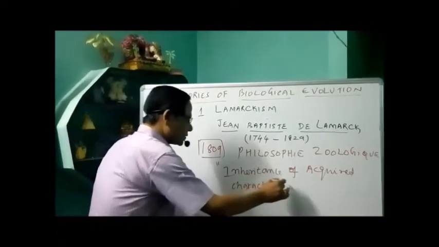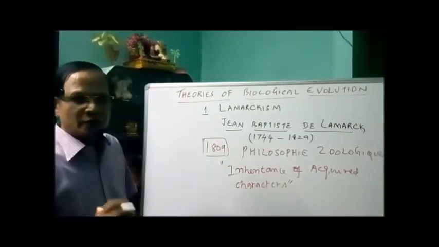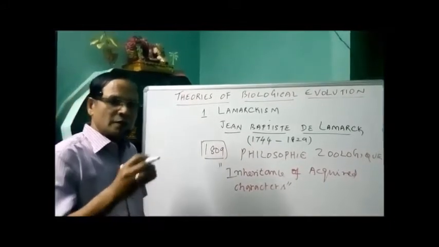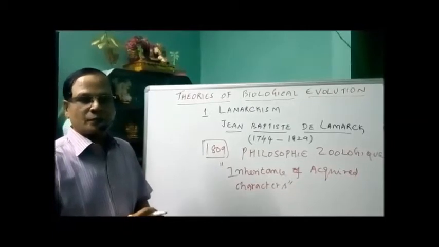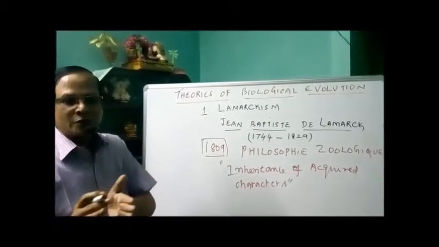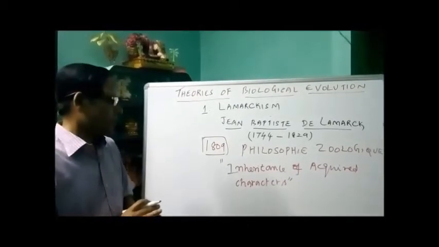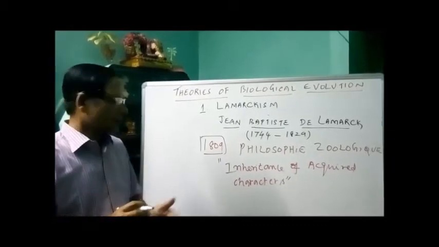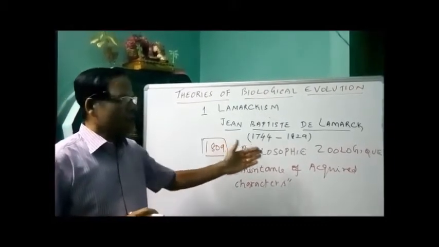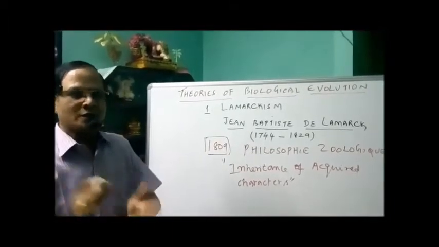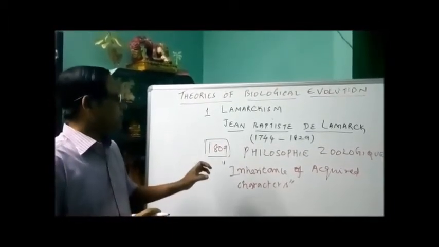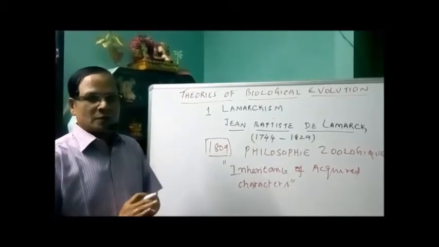What is the meaning of that? Any structure that is acquired during the lifetime of an organism can automatically be transmitted to the next generation. That is the concept proposed by Lamarck.